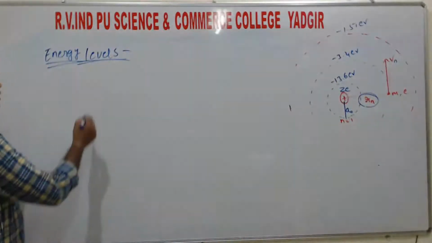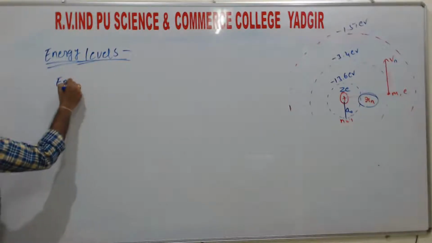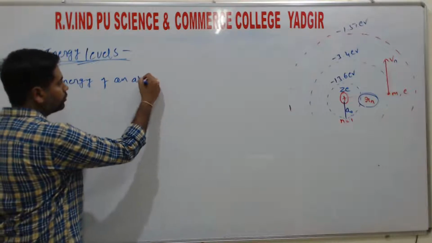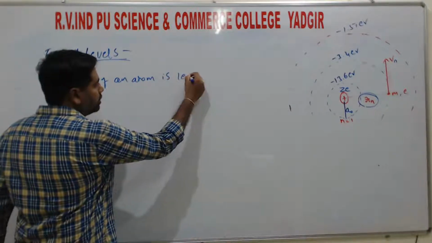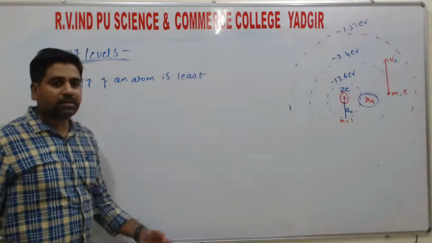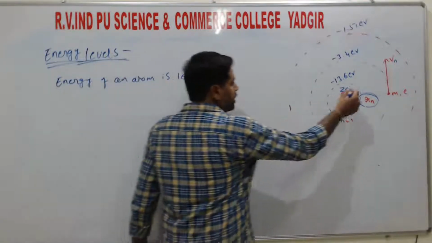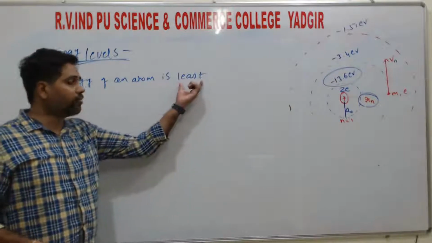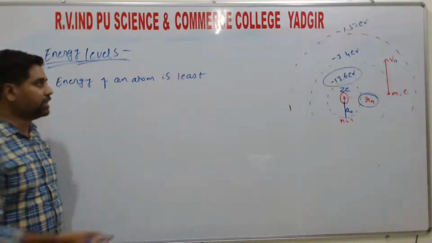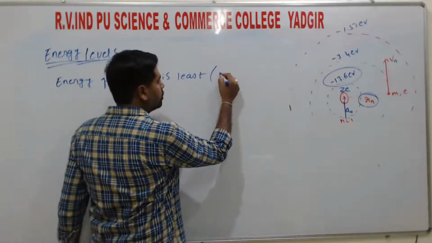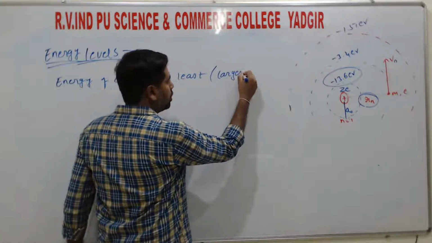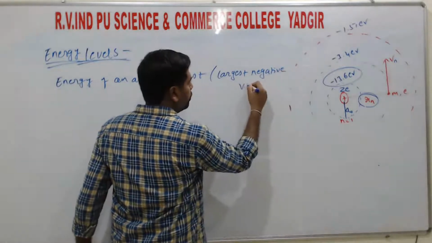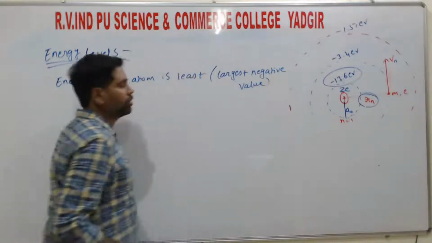So we can say the energy of an atom is least, which is the largest negative value.